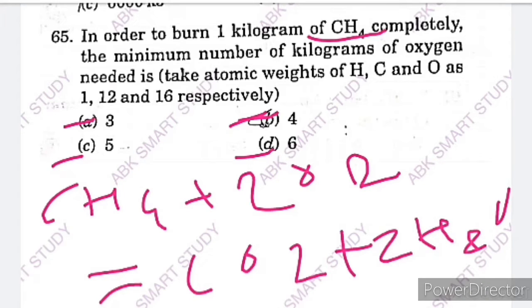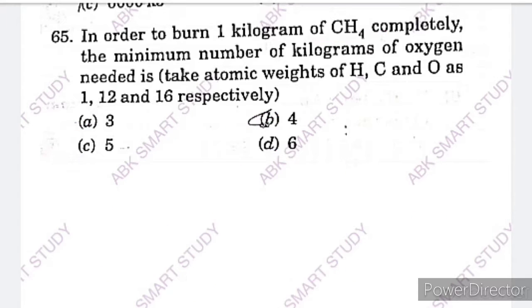Here 2O2 means 4 kg of oxygen is needed to burn 1 kilogram of CH4. So the correct option is option B. Next question.